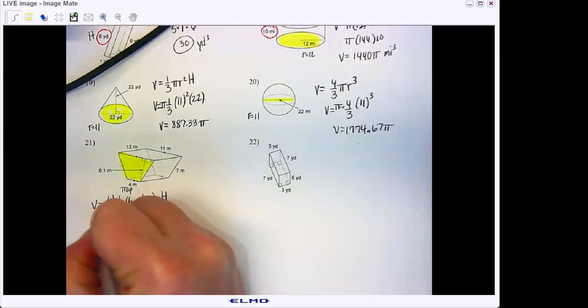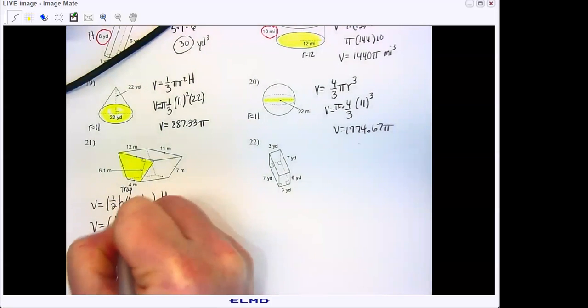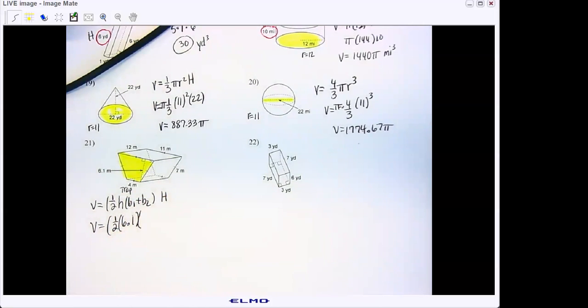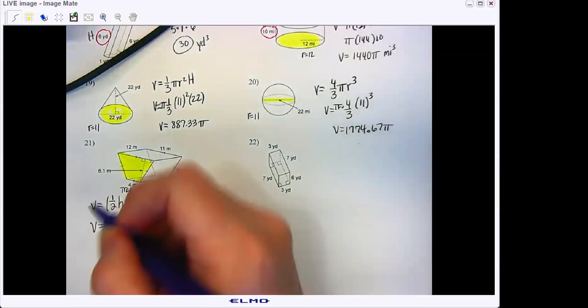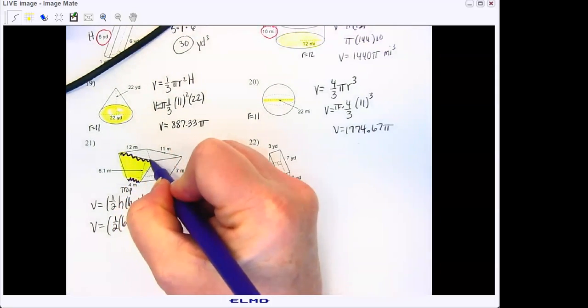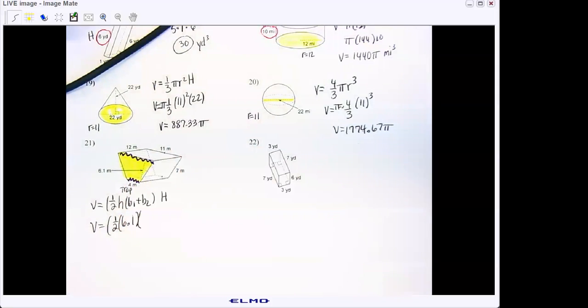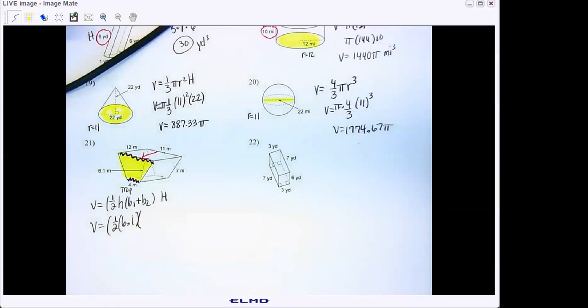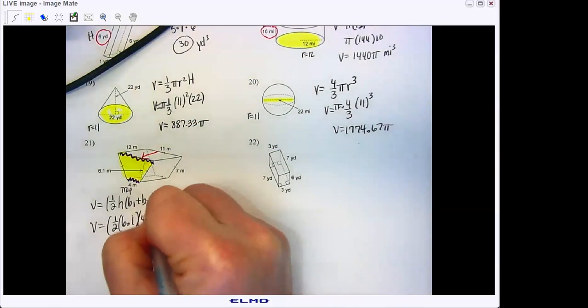Okay. So volume is equal to 1/2 6.1. My B1. So this is B1 and this is B2. Remember that this is the same distance over there. So we've got 4 plus 11.